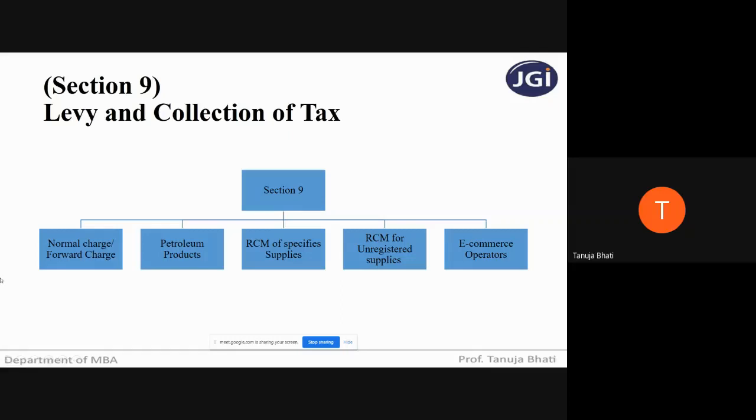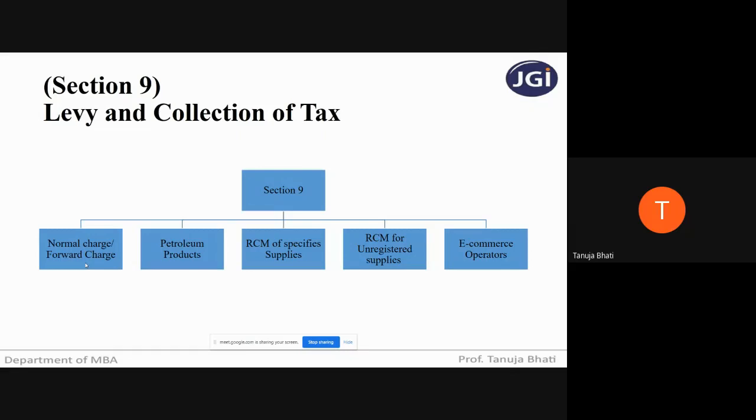Now you will not understand all this yet; as and when I explain, you will get to know. So students, what do you mean by normal charge or forward charge? Normally under GST, there are two parties: the supplier and the recipient in the case of goods, and in the case of services, a service provider and a service receiver. Usually the service provider or the supplier collects the tax from the recipient or service receiver, and whatever tax it is collecting, it pays to the government.